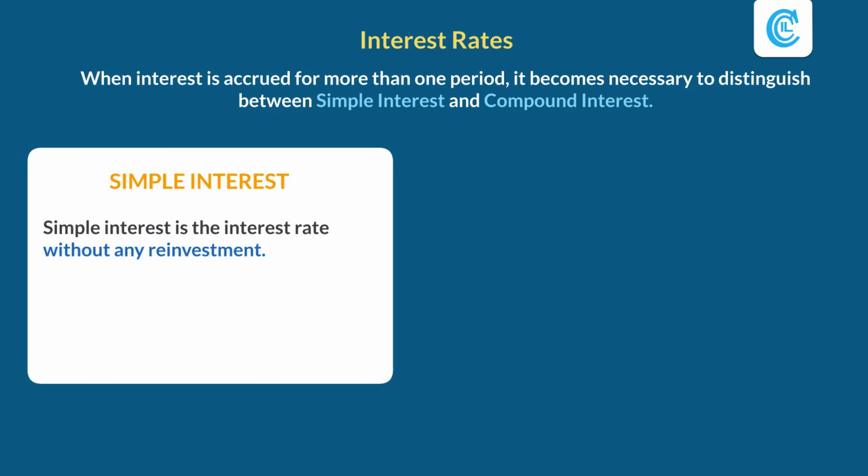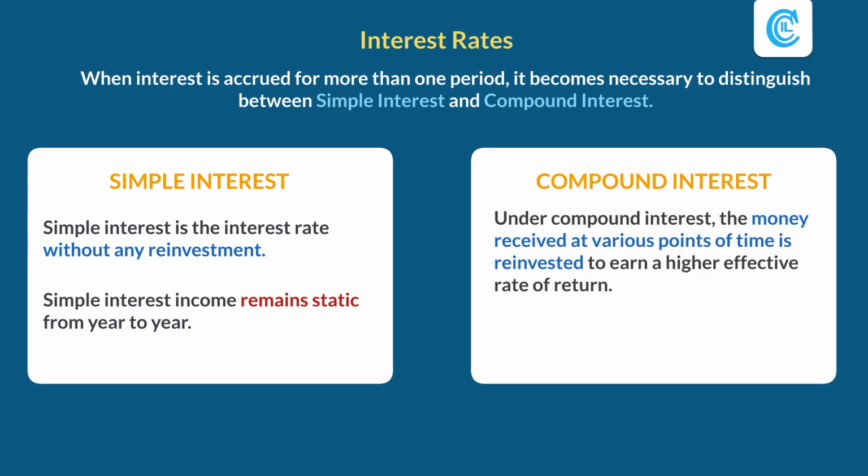Simple interest is the interest rate without any reinvestment. In other words, simple interest is like getting paid a flat rate for lending your money. On the other hand, compound interest is interest earned on both the original investment amount and the interest that has already accrued. Compound interest is often considered a powerful tool for growing wealth.